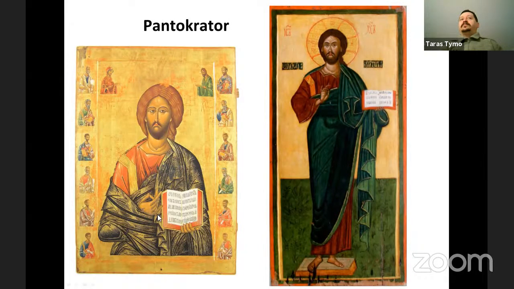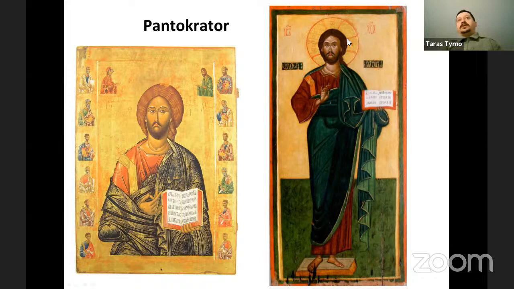He is always blessing or pointing to the book, or the blessing is turned to us, and the book can be closed or open. We will see the icons of both types.